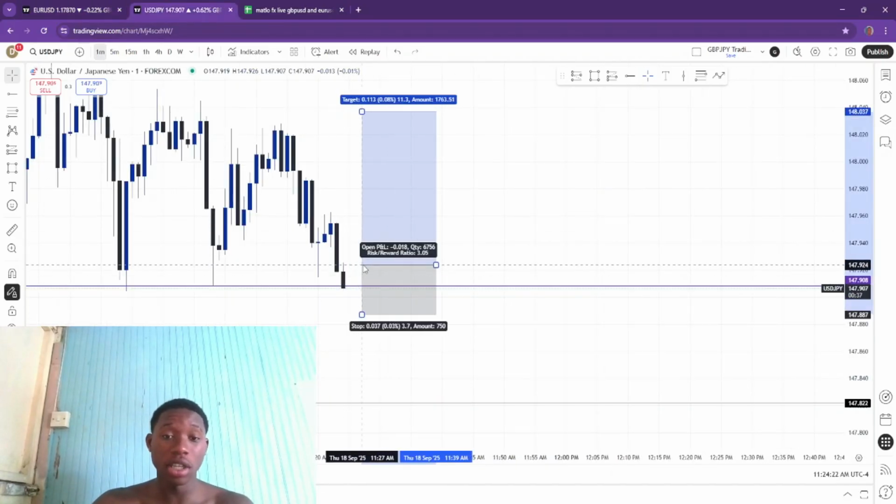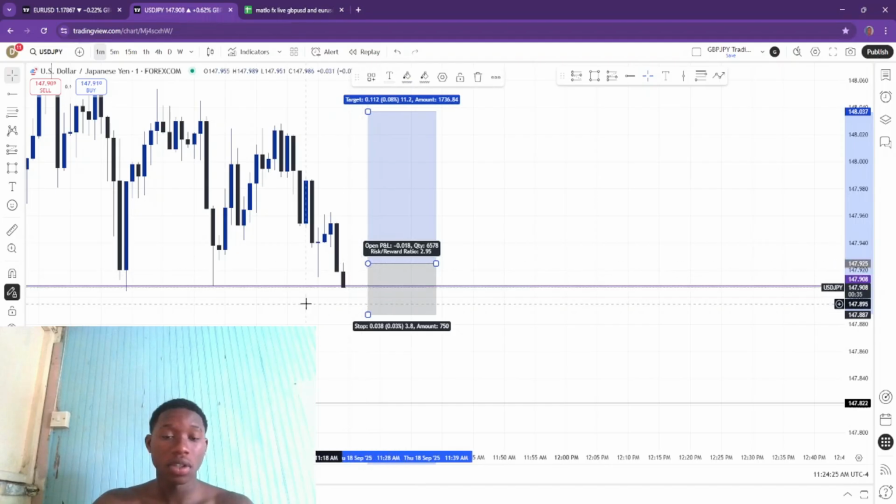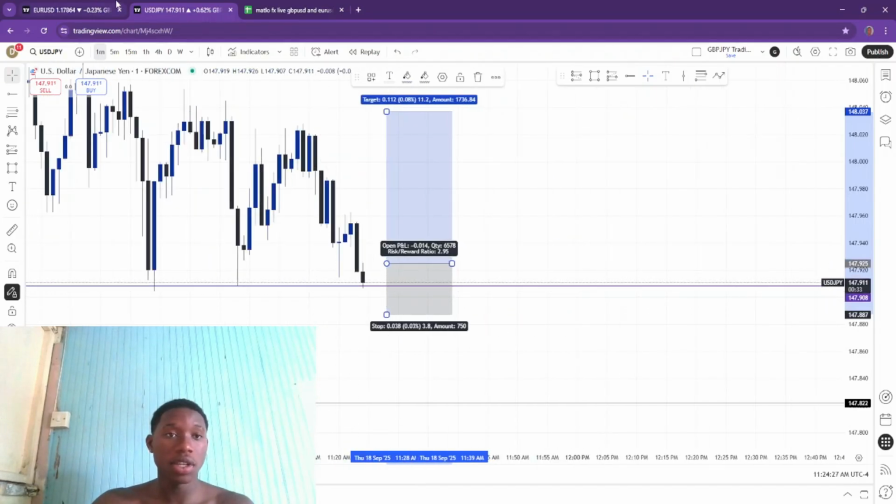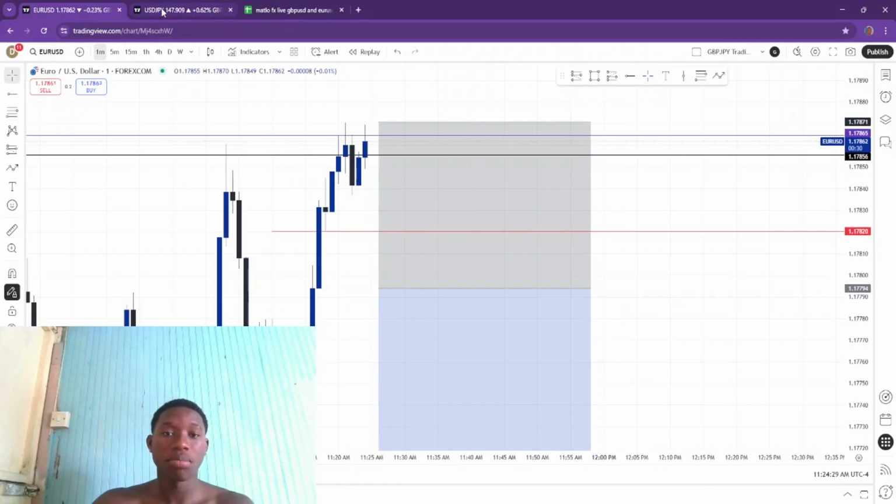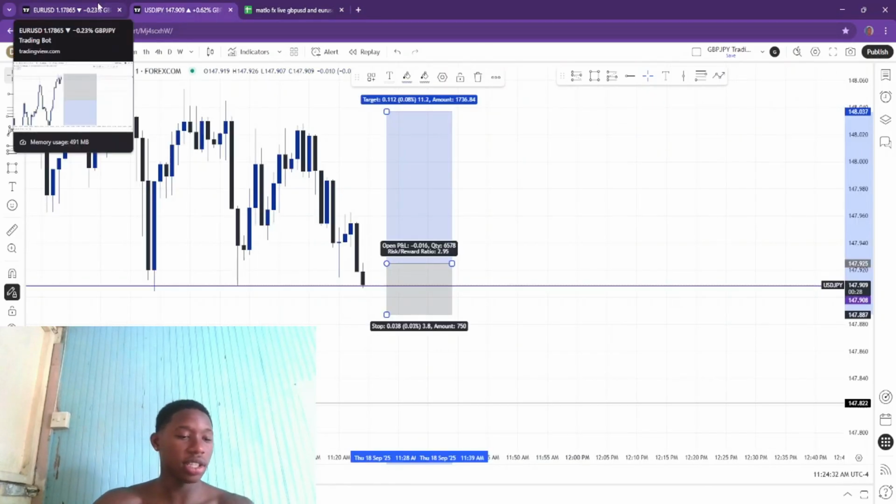Okay, GBP USD. We see a sweep. See a sweep on GBP USD. But we're focusing more on Euro USD. Let's see. Which one should I take?